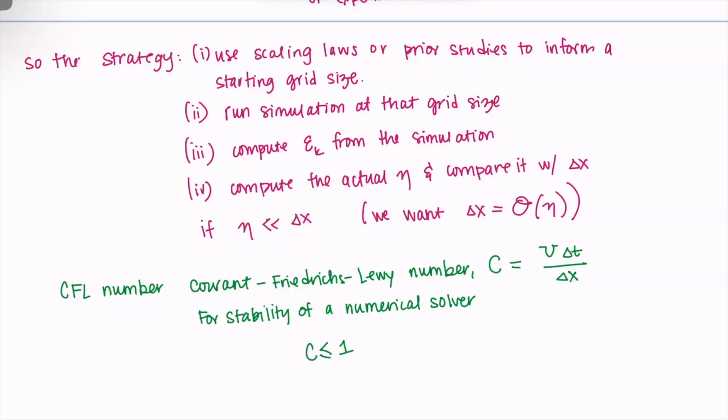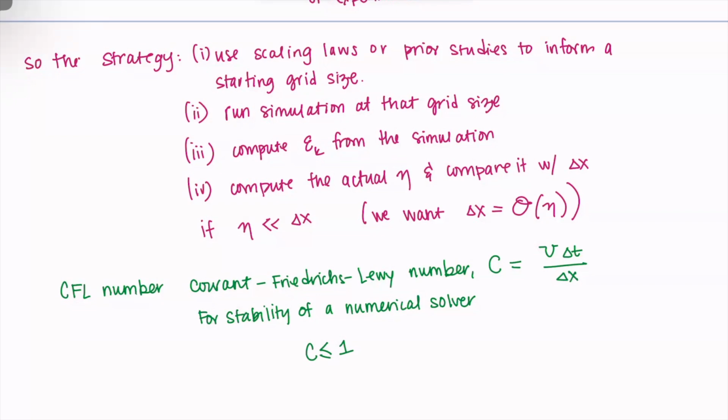And now Lee's question was, I think I'm restating, can you specify delta X using the Kolmogorov length scale and then use the CFL to specify the time step size? And the answer is maybe.